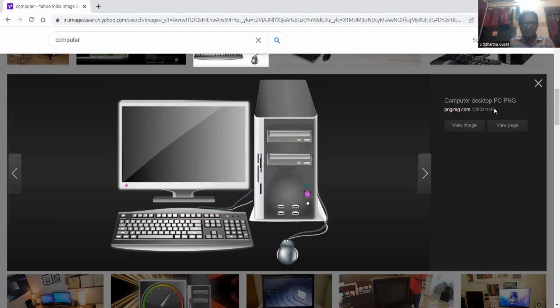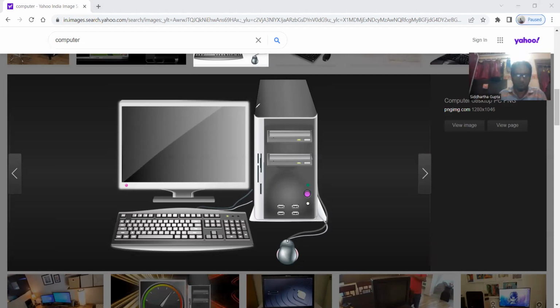So basically, we have to categorize the components of a computer.